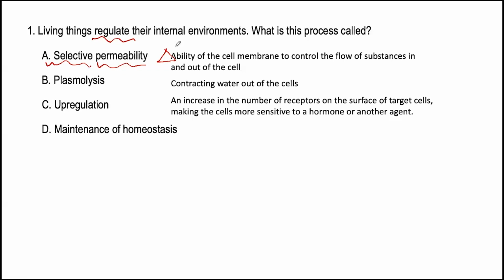Okay, so when I looked at this problem, it needs to regulate, right? So regulate means to control to some degree, correct? And their internal environments, right? The focus is regulating internal environments, okay? So that sounds more like homeostasis, isn't it?